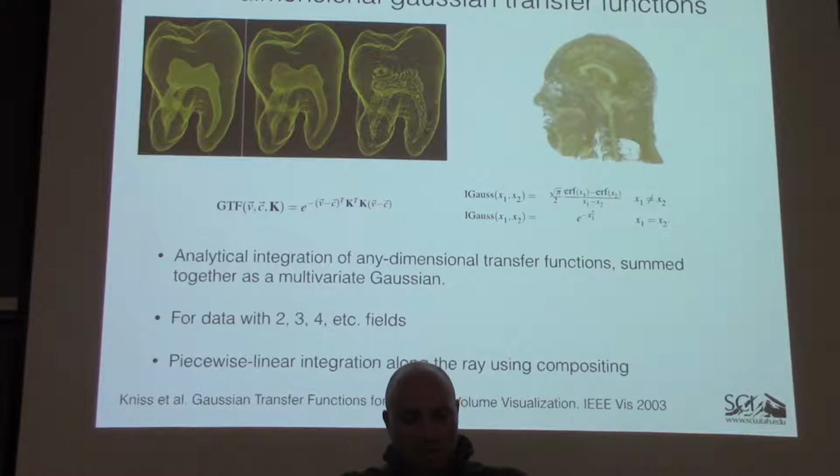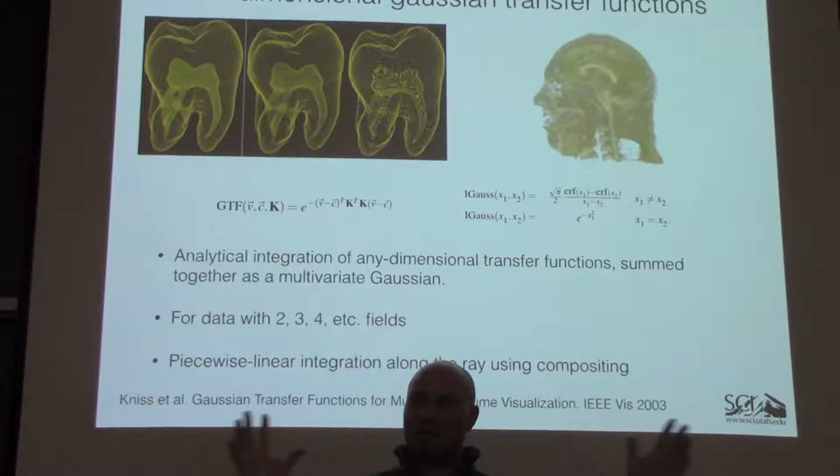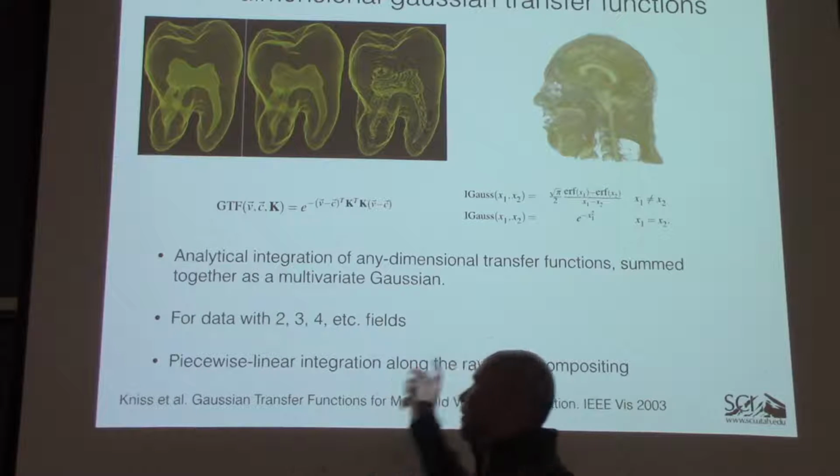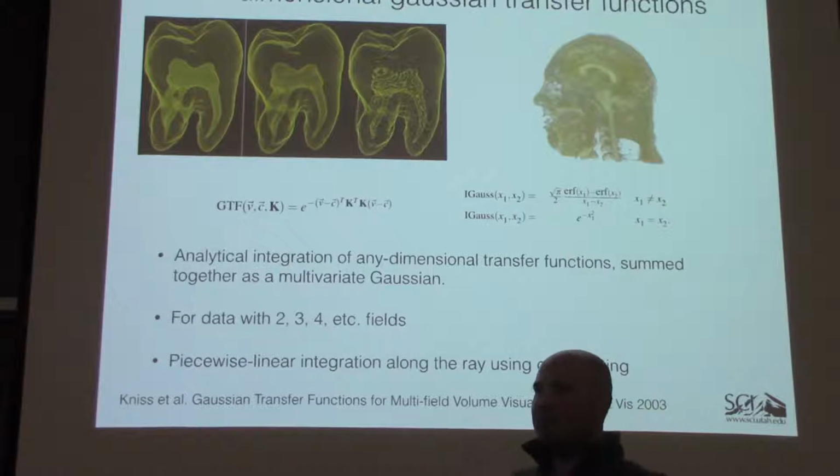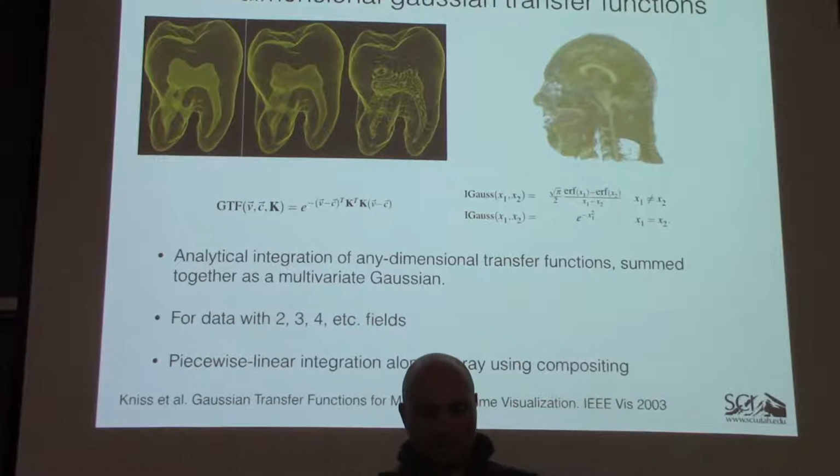What's nice about Jonas's work in 2003 was that he found that you could analytically integrate between samples by integrating in transfer function space itself. That analytical integration turns into a bunch of error function terms, which are not exactly numerically integrable, but you can approximate them very efficiently.